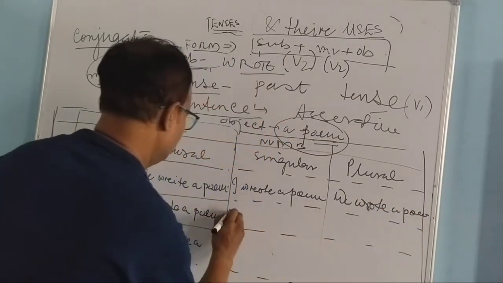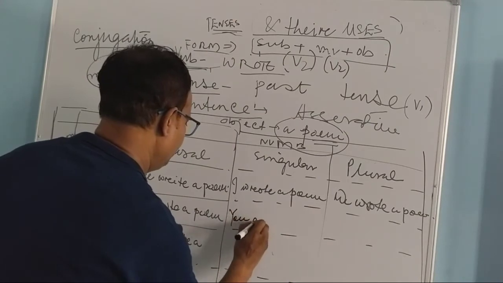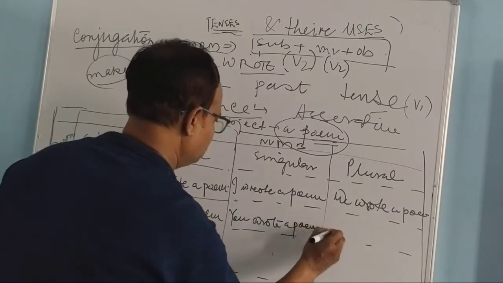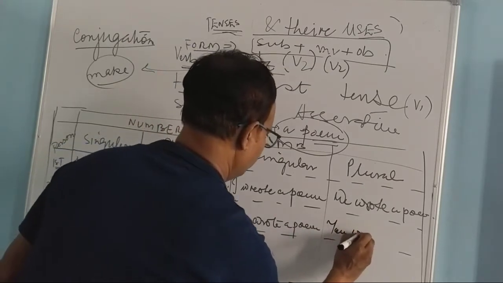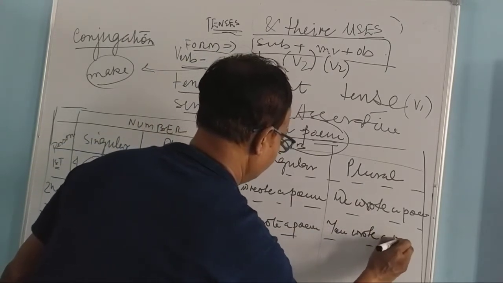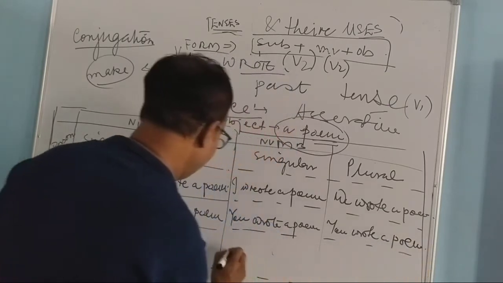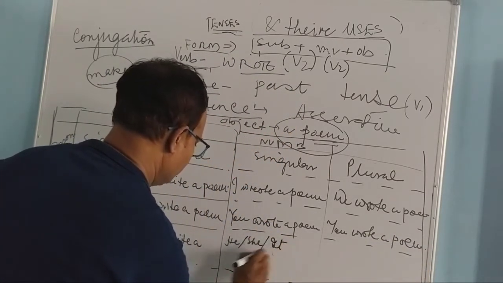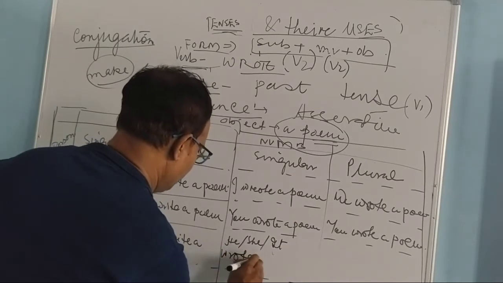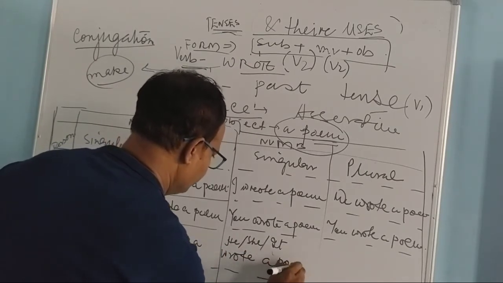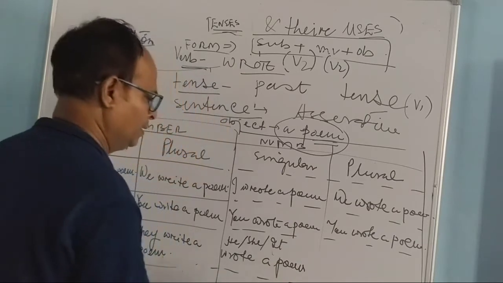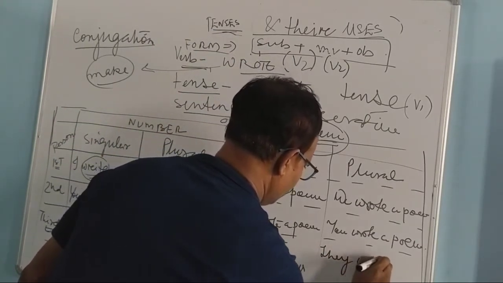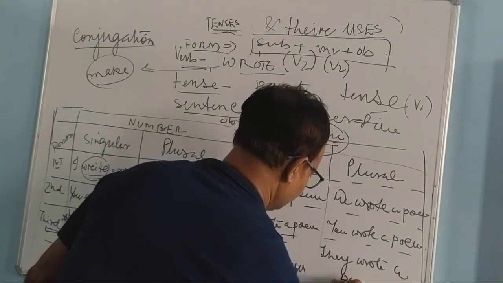Second person singular, "You wrote a poem." Second person plural, "You wrote a poem." Third person, he or she or it, "wrote a poem." Then plural will be "They wrote a poem."